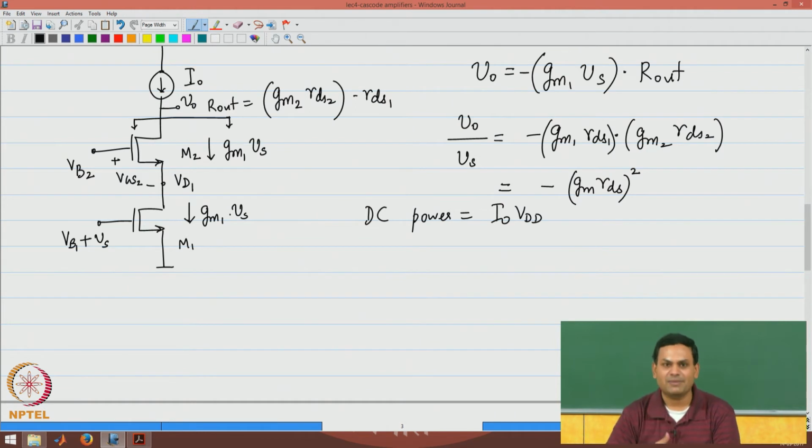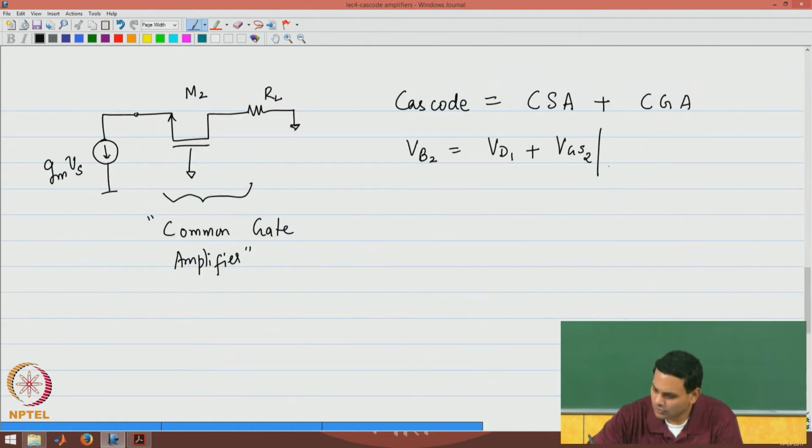If I change the value of VB2, since M2 has a constant current I naught set by the current source on top, VGS2 will remain constant as long as M2 is in saturation. If that happens, VD1 will follow VB2 with a difference of VGS2, which is set by I naught. So, VGS2 is calculated at a bias current of I naught.